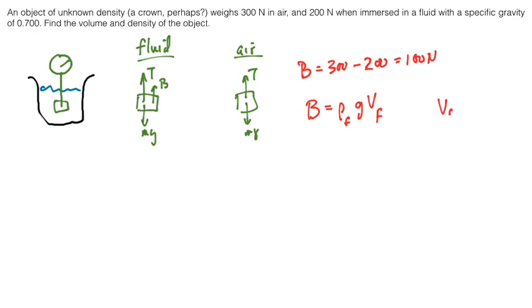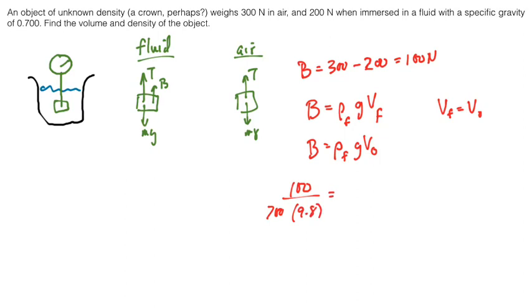And since we have 100%, we can safely say that the volume of the fluid and the volume of the object are the same. So this lets us use the buoyant force, the density of our fluid, and little g to find out what the volume of our object is. It's going to be 100 divided by 700 times 9.8.